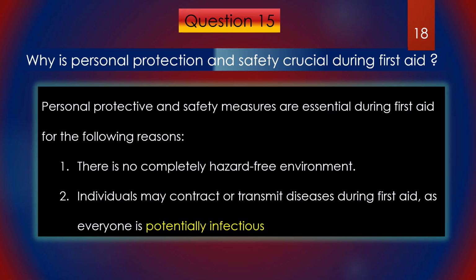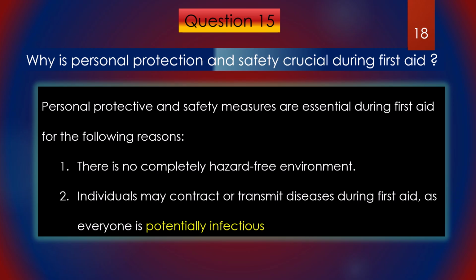Number one, there is no completely hazard-free environment. I hope you're not surprised to hear that. There is no environment that could be described as completely hazard-free. So that is one reason why you must be serious about protecting yourself and take safety seriously.